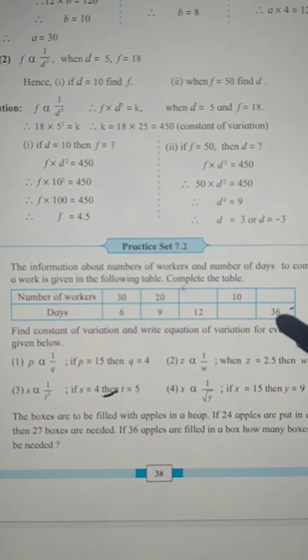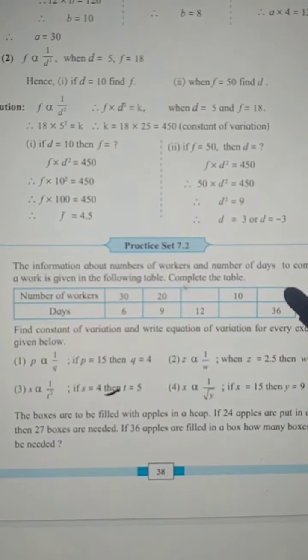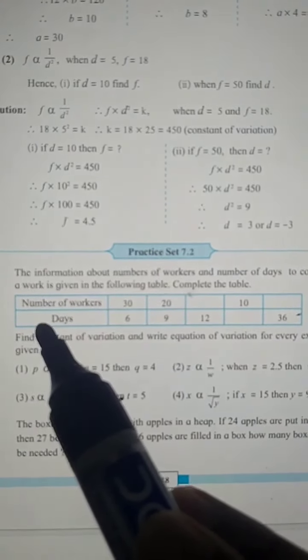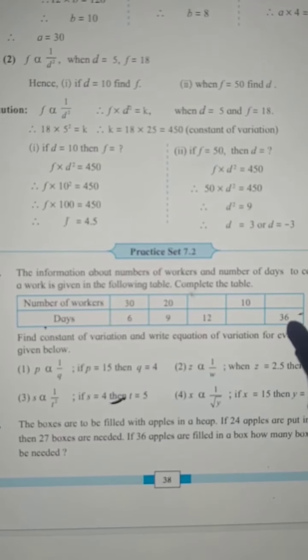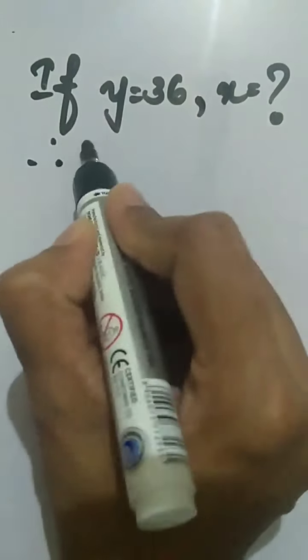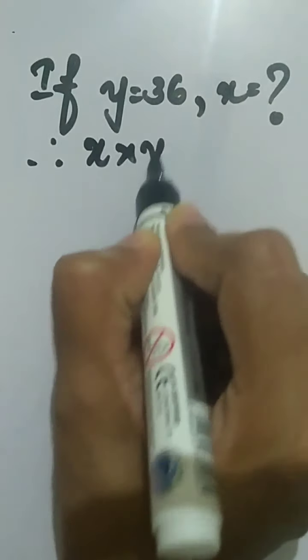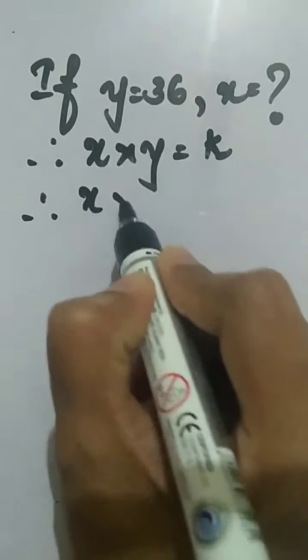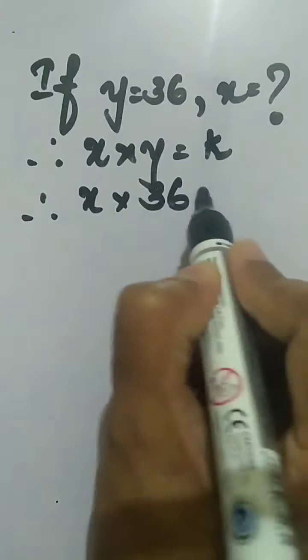Now the last one, x column is missing, y column 36. So you will write, if y is equal to 36, how much is x? X question mark. Y is equal to 36, how much is x is the question. Again, inverse variation. So x into y is equal to k. Therefore, x we don't know, y is 36, is equal to 180.